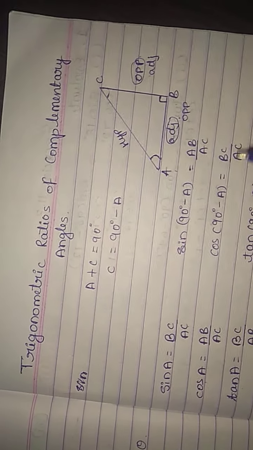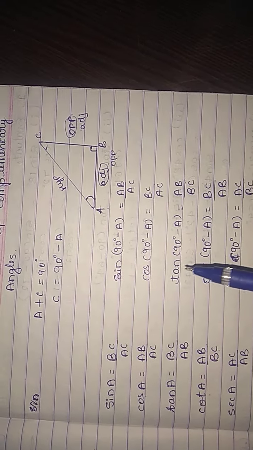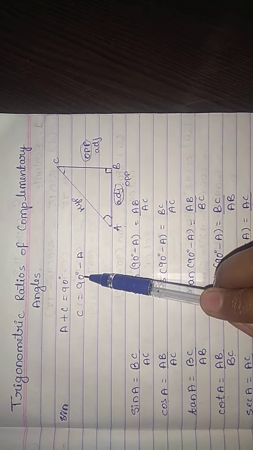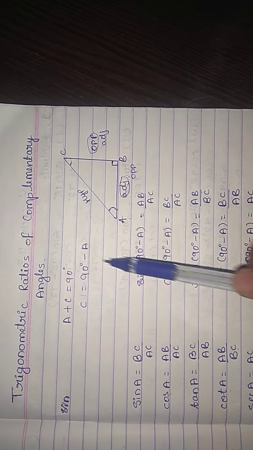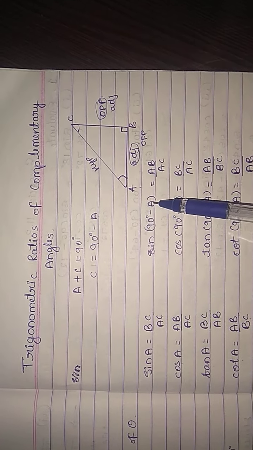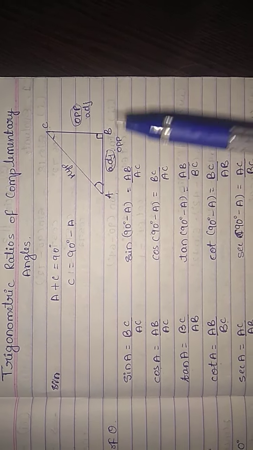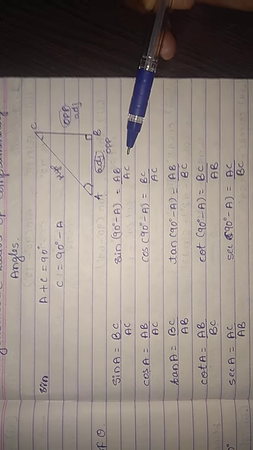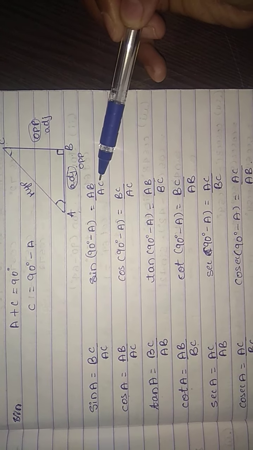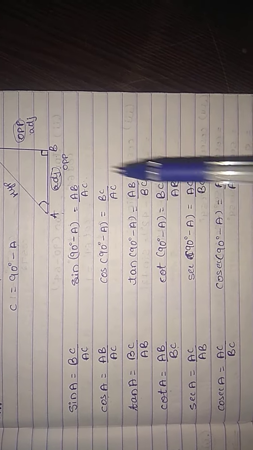Yes or no? Now we can take C as 90 degrees minus A instead of taking angle C. Sin 90 minus A is opposite by hypotenuse, which means AB by AC, and cos 90 minus A is adjacent by hypotenuse.